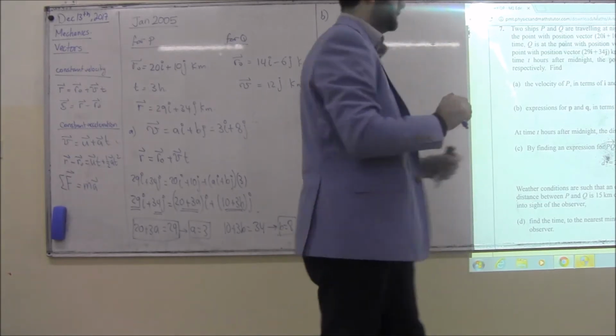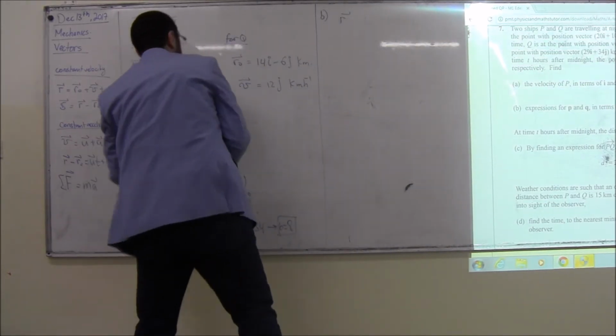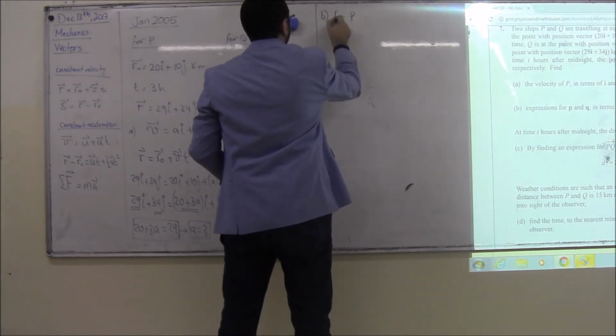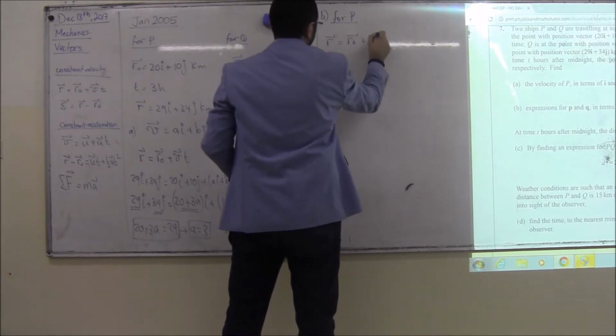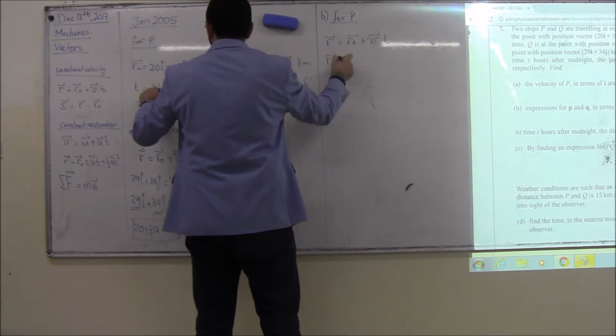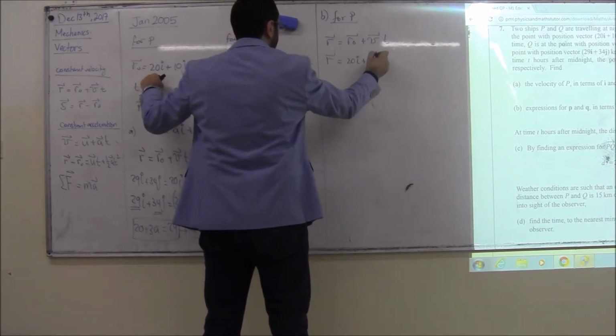R equals, let's say for P, R equals R naught plus V times T. R naught will not change, 20I plus 10J.